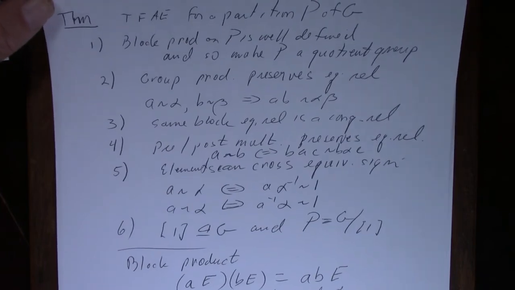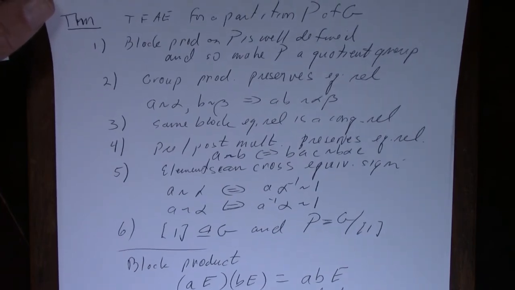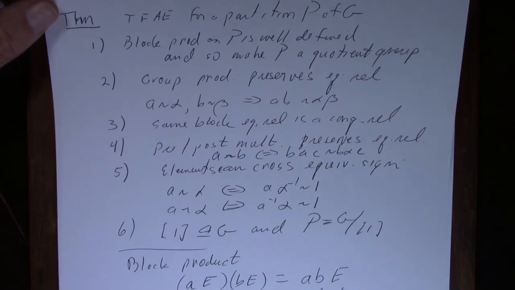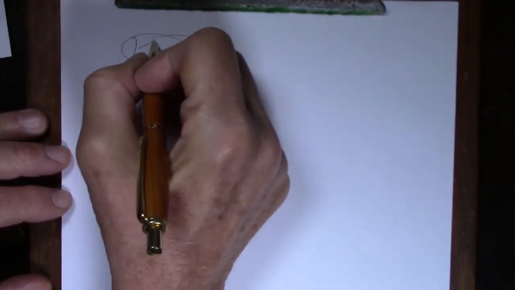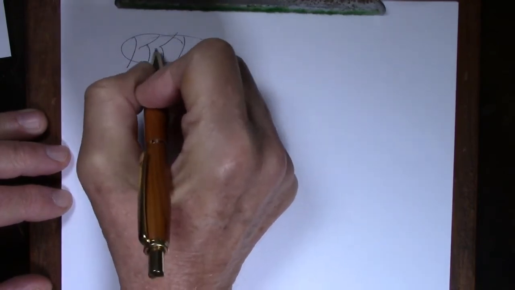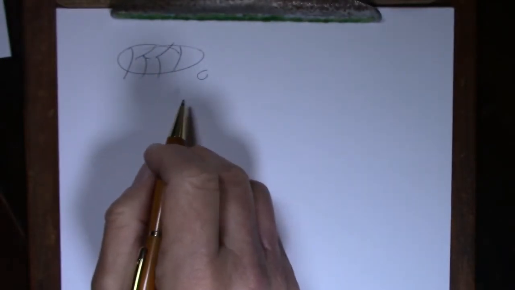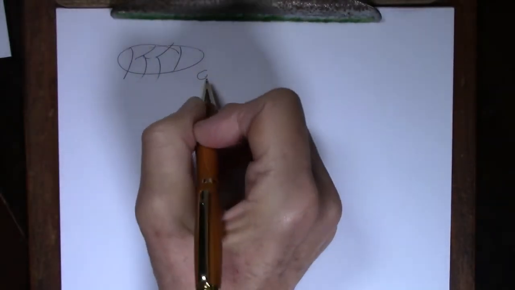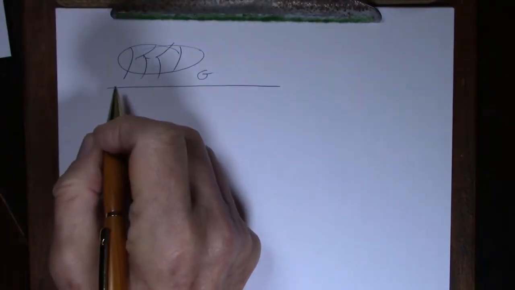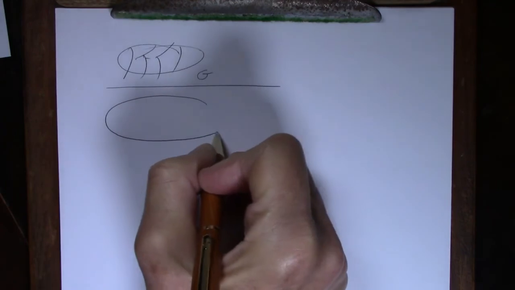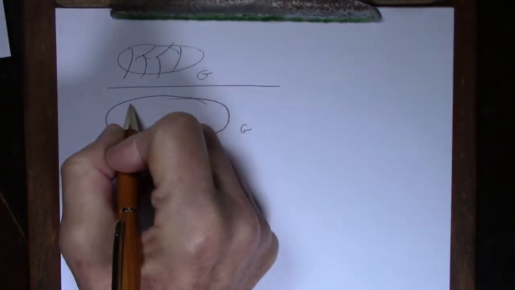So this is mostly what we were after, but there's a little bit more to the story, because you are probably wondering, where do partitions come from? If you just take a group, G, and you just start partitioning it up in various ways, you're very unlikely to get a set of cosets, or in other words, get a well-defined group product, a block product. So where do reasonable partitions come from? The answer is they come from subgroups.